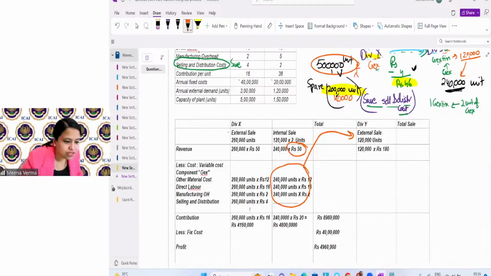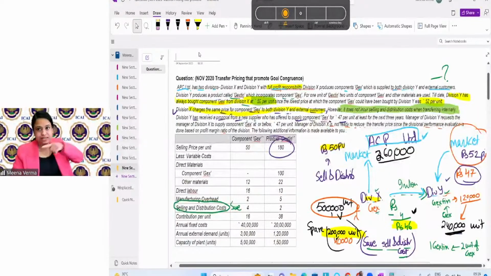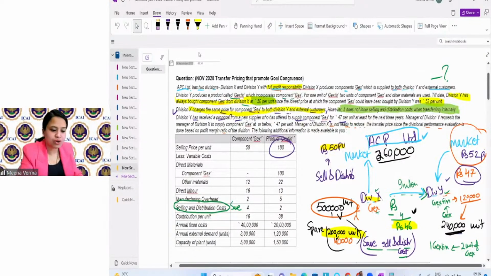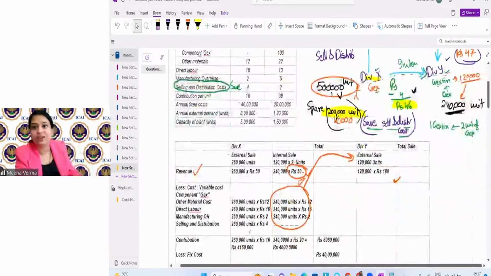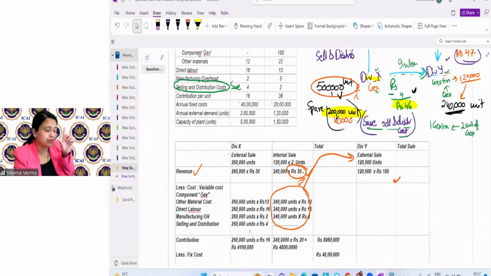The transfer price given is 50. Initially it was written that you are transferring at 50, inside as well as outside. But prudently it should not have been 50, because division X has spare capacity, so to that extent he can expect the minimum price as the variable cost. But still he is earning more.